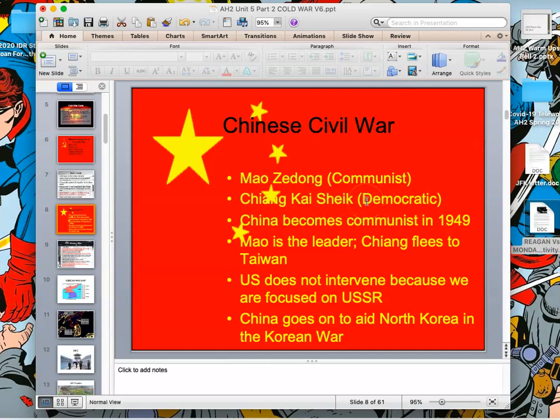There is an intense push for communism, saying that China has been too reliant on Western nations, going back to the Boxer Rebellion and John Hay's open door policy, and that there should be a desire for them to do better. So just like communism swept over North Korea and many parts of Europe, it is happening in Southeast Asia as well. China falls to communism, Chiang Kai-shek flees to Taiwan, and Mao becomes the communist leader of China.